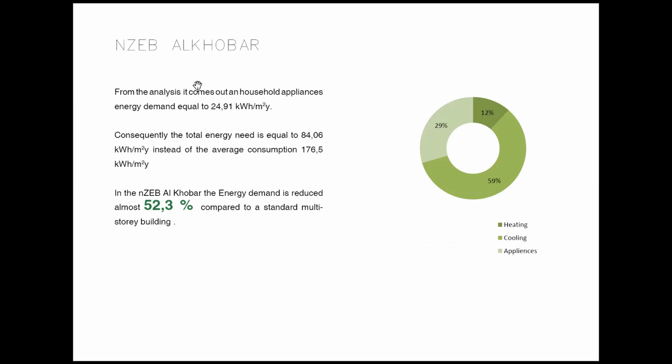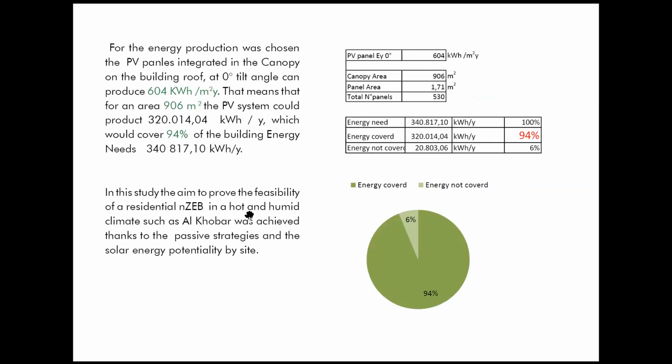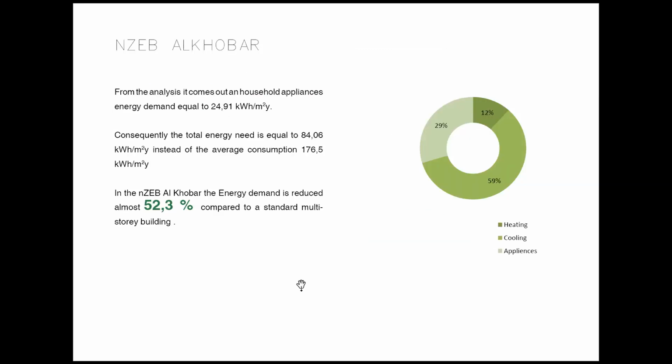In fact, if I analyze my building performance using only the passive strategies, I could reduce my energy need by about 52% compared to a normal building in Al Khobar. That is more than 50% of my needs without using any renewable energies, only with passive strategies.